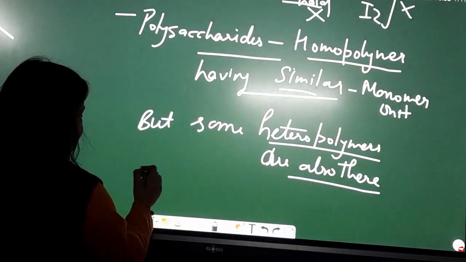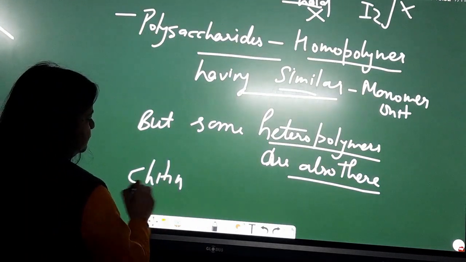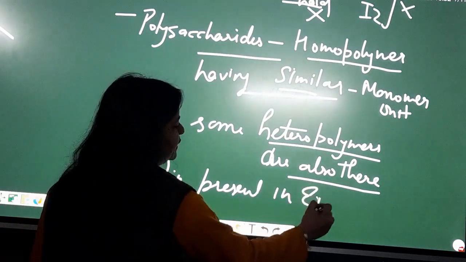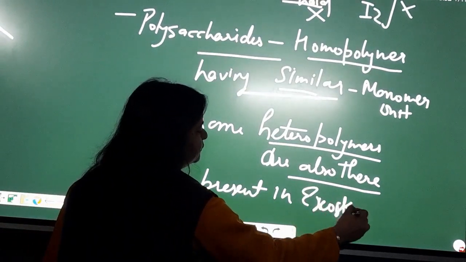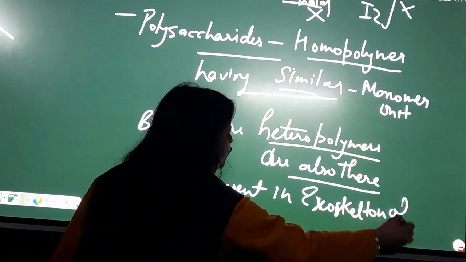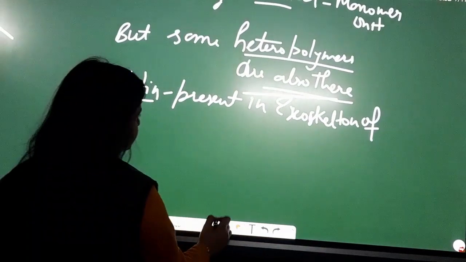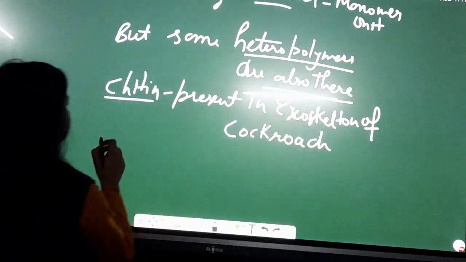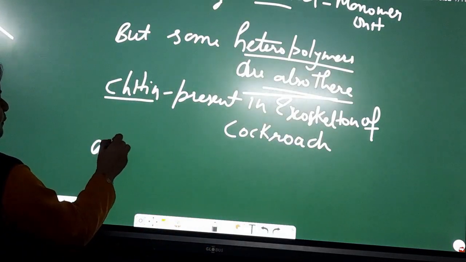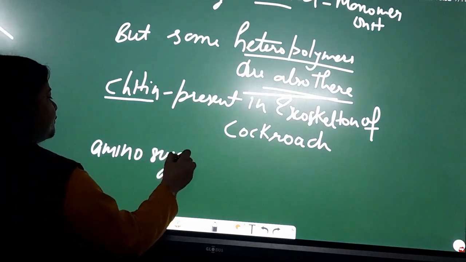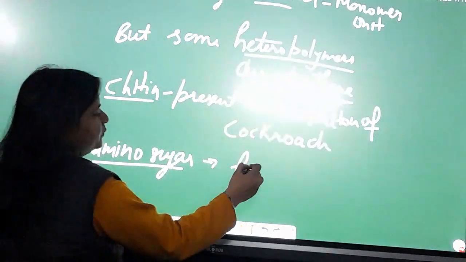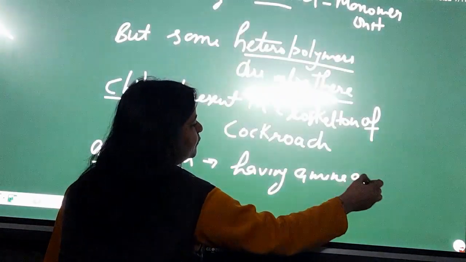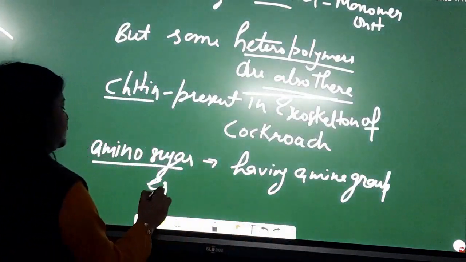Example, chitin, present in the exoskeleton of cockroach. Another example is an amino sugar having an amino group, for example glucosamine.